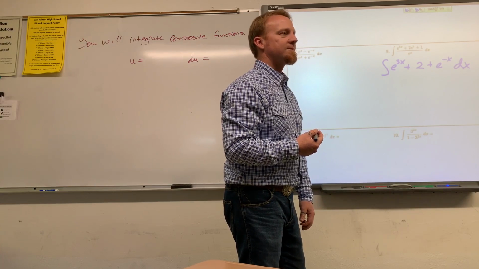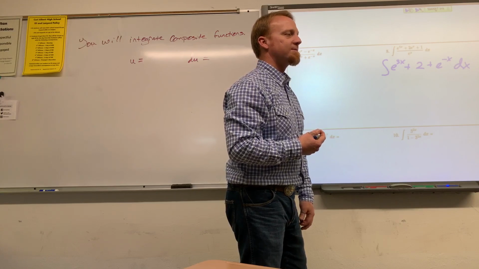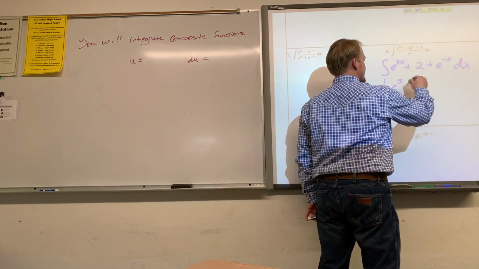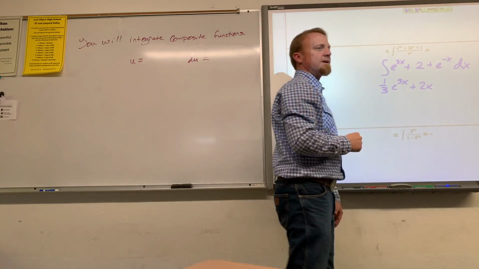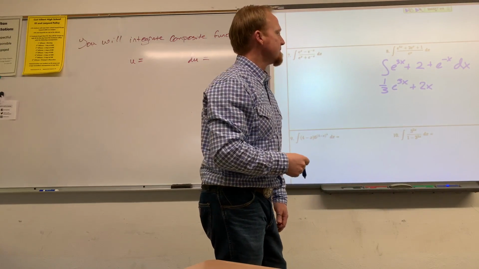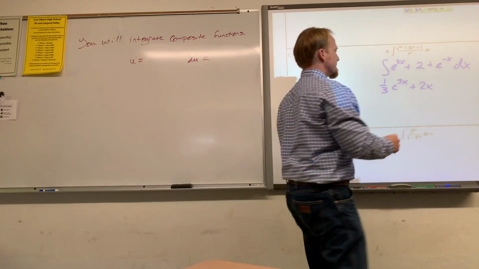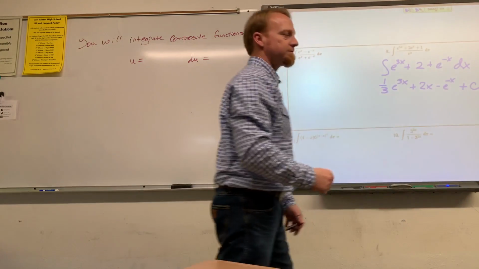If I was taking the derivative, it would be. Mallory? 1/3 e to the 3x. Integrate 2 and I get 2x. And the last one, Courtney, if I integrate e to the negative x, I get negative e to the negative x. Perfect.